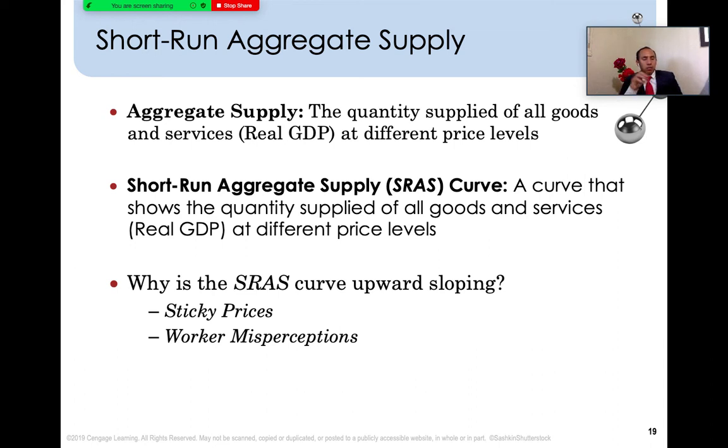Sticky prices stay fixed for a short term, so the supply curve is horizontal and then begins to increase when prices adjust, and worker misperceptions and workers' abilities. Essentially, the supply curve is upward sloping in the economic model because of the sticky price mechanism, the worker misperceptions, and also other factors of the market.